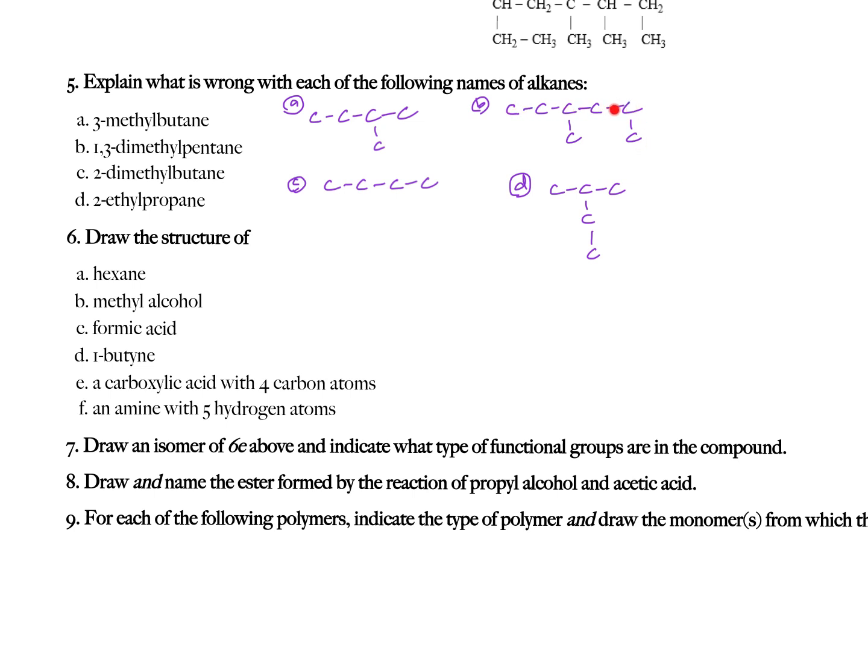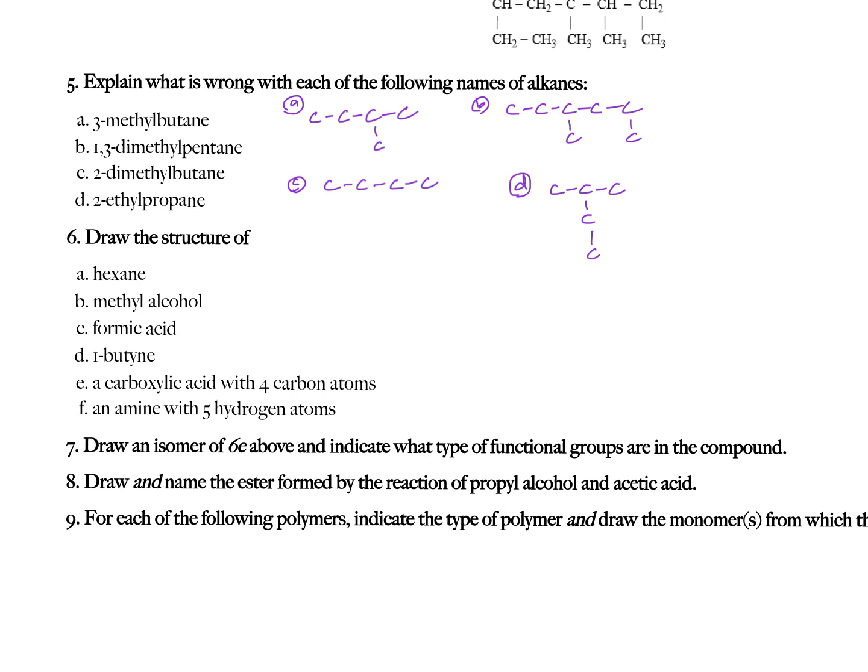It means that you looked at an L-shaped chain and thought that only the straight part, the long part, was the entire carbon chain. But remember, as long as you can trace it without picking up your pen or pencil, it means you've got a continuous carbon chain. So this is 1, 2, 3, 4, 5, 6. You've got a 6-carbon chain. And then you have to look at where this carbon is.